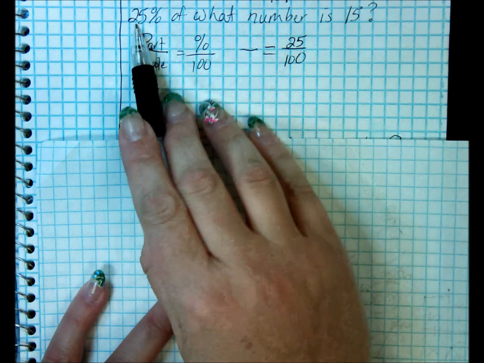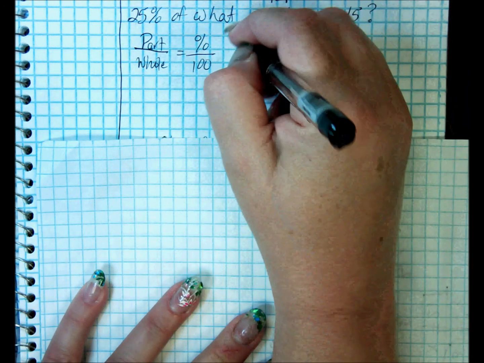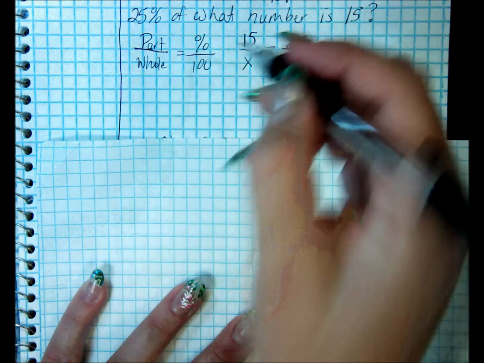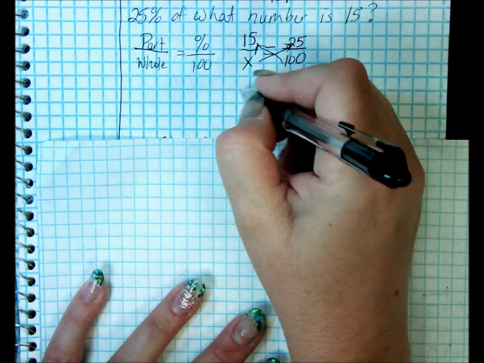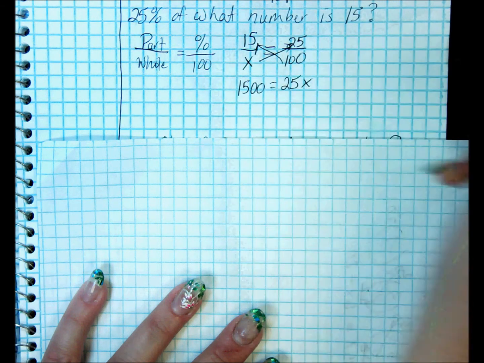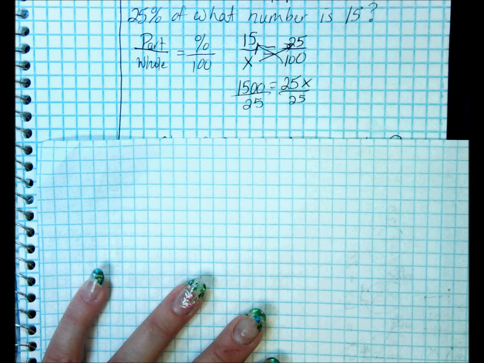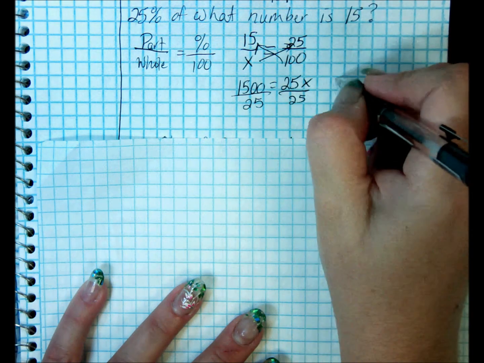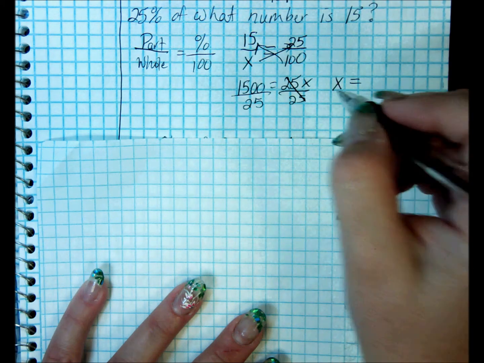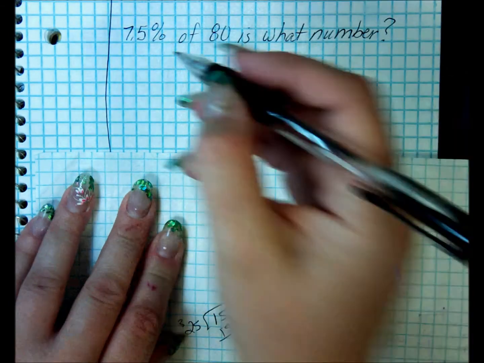So I'm taking a percentage of a number and getting 15. So that's your part. We don't know this part right here. Multiply. You get 1,500, 25x. Divide by 25. X equals, you get it yet? 60.